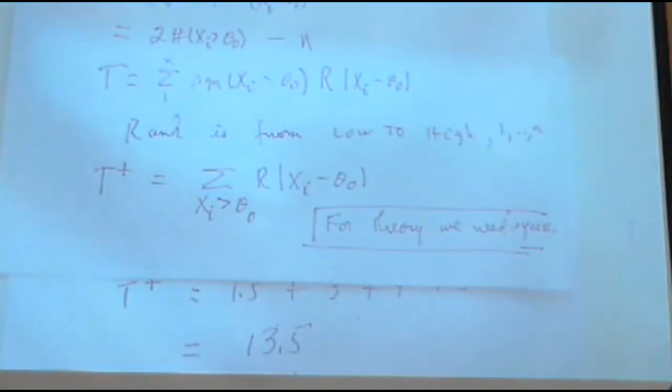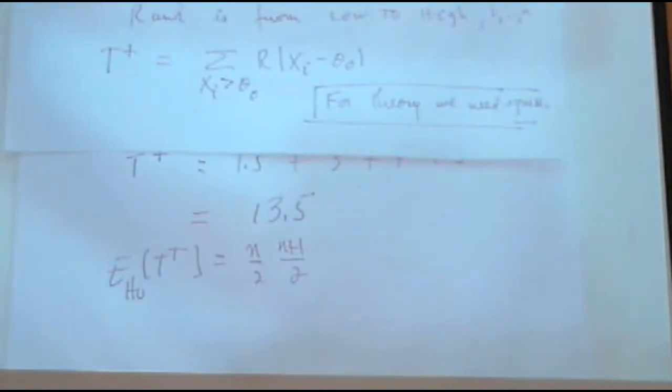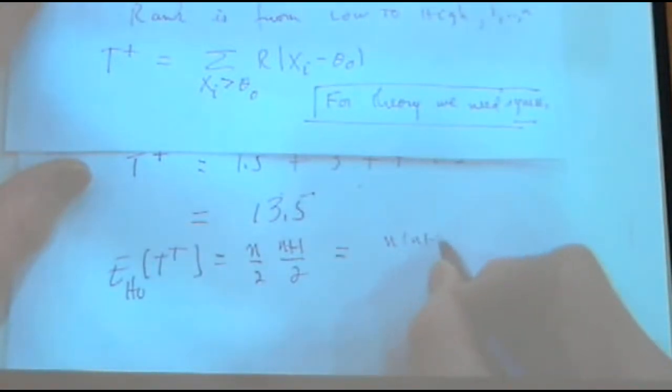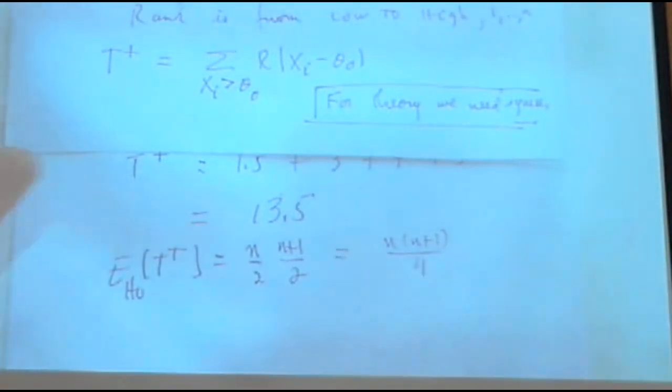If H naught is true, half the items should be positive and half negative. So in your sum, you should have n over 2 items, and that would be the average rank, n times n plus 1 over 2.